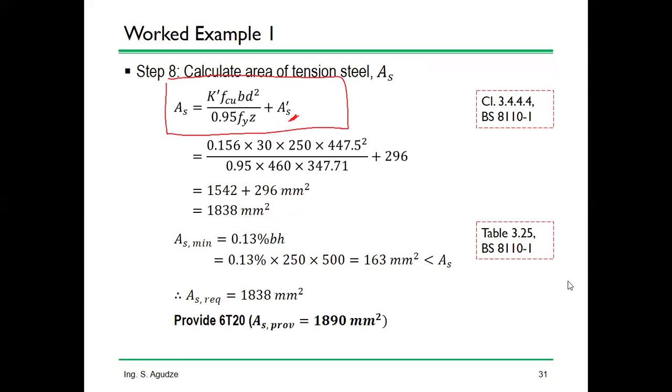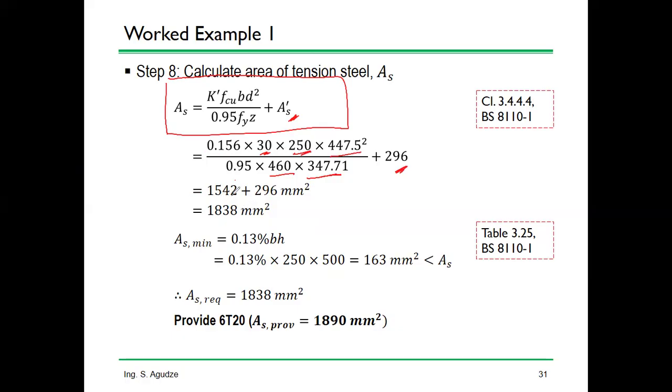So 0.156 FCU 30, the breadth is 250, the effective depth d squared, 0.95 grade of steel, and then the Z. Then you add the 296, which was the AS prime calculated in the previous slide.